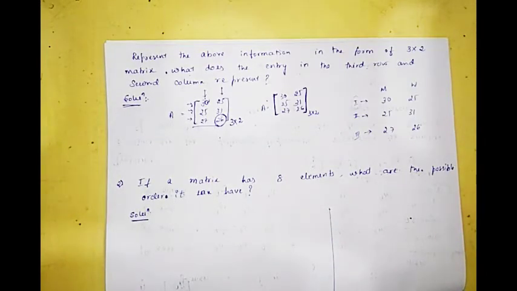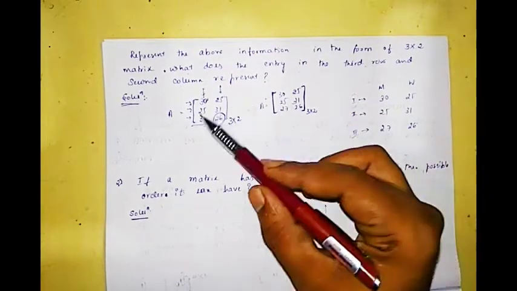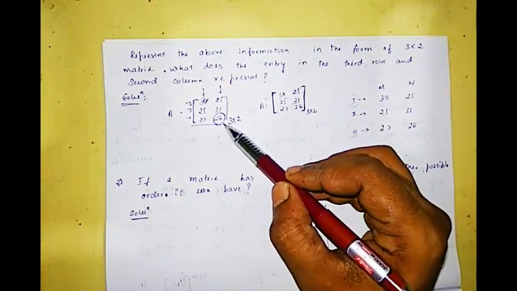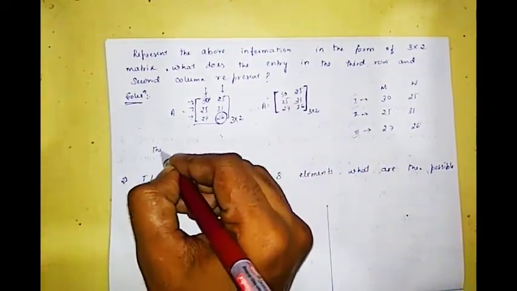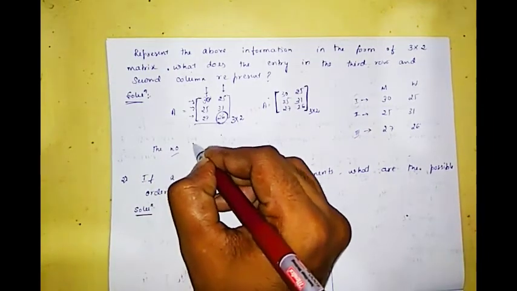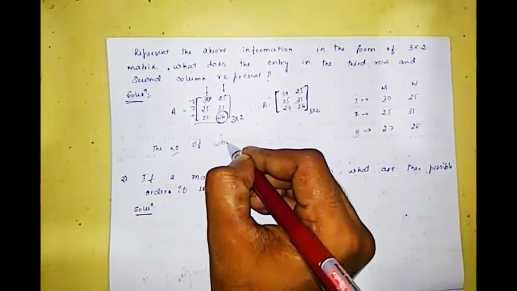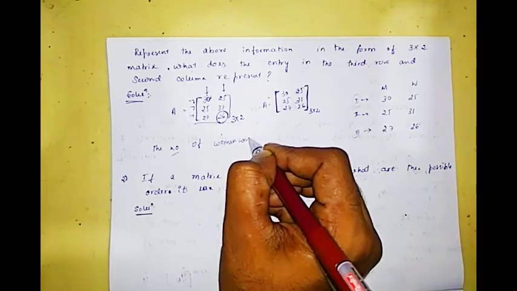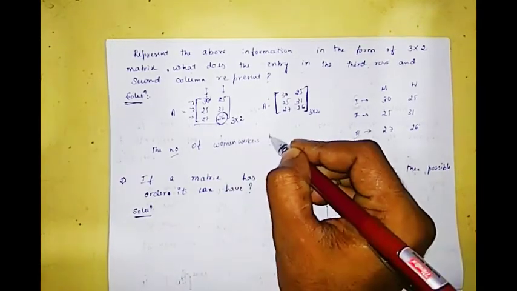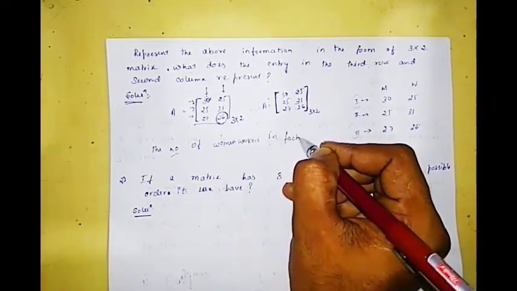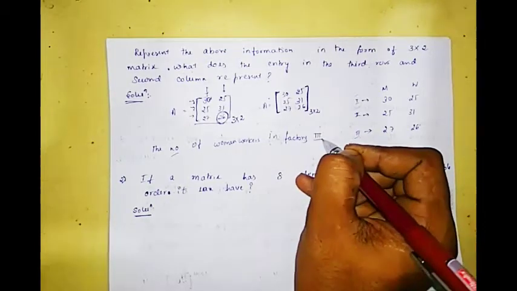The entry in the third row and second column represents the number of women workers in factory 3.